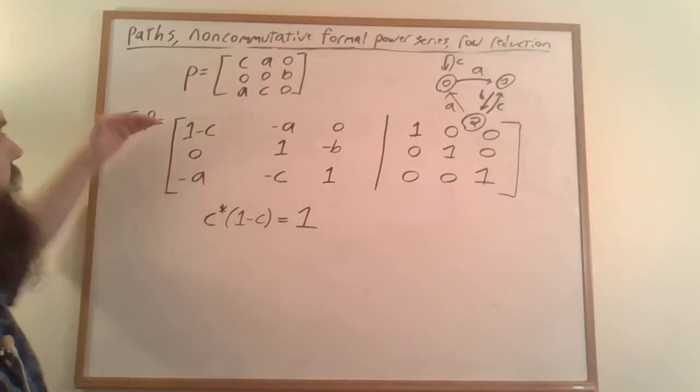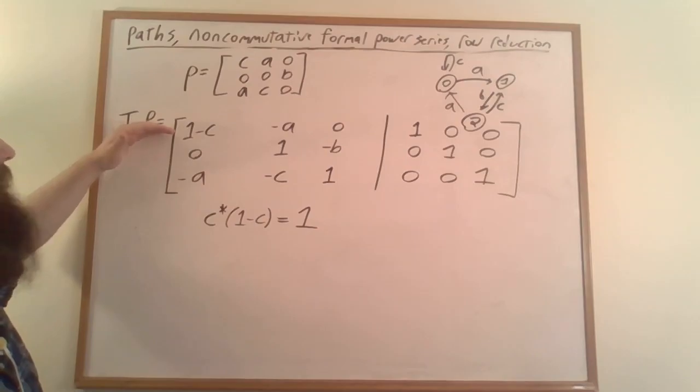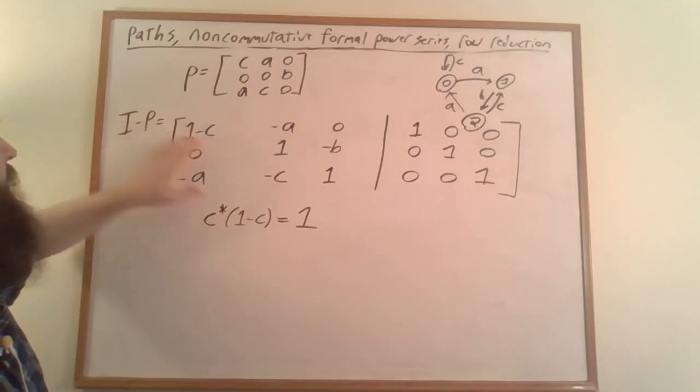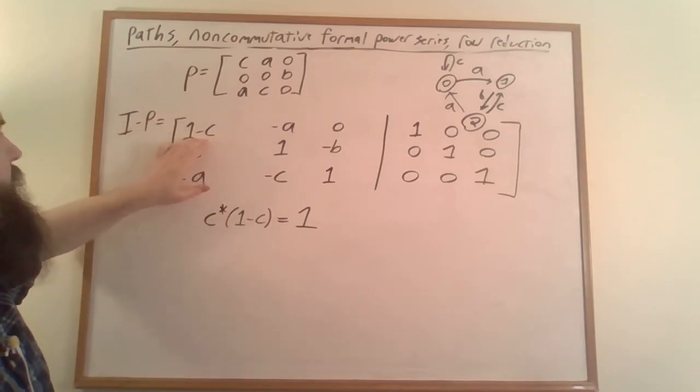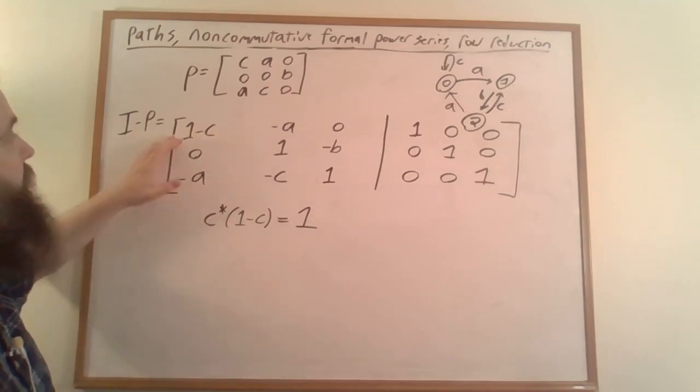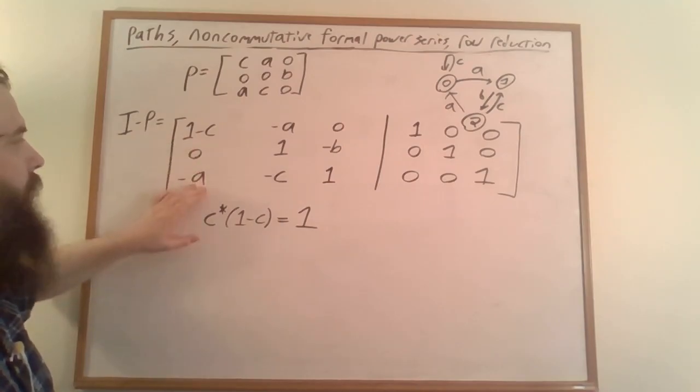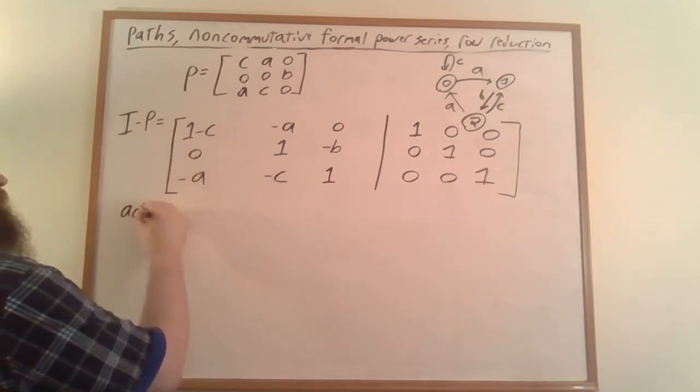So by multiplying row 1 on the left by c star, we can turn this first entry here into a 1. And then by multiplying on the left by a afterwards, we can turn this first entry into an a so that it will cancel out with the third row.